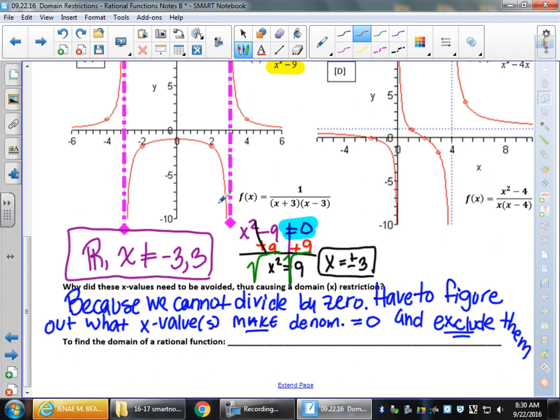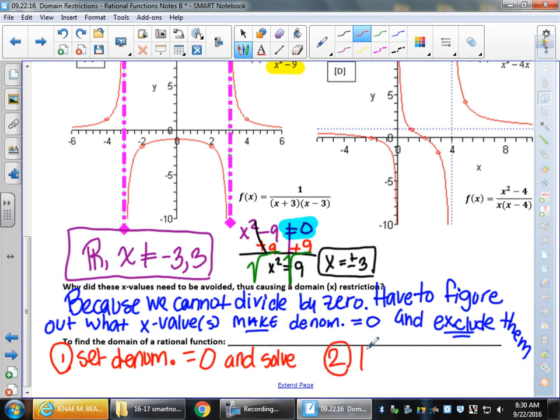So here's our strategy. It's a two-step strategy. 1, set denominator. Is it okay if I just write denominator? Yes? Set denominator equal to 0 and solve. Your answer will always be all real numbers, x not equal to whatever you got.